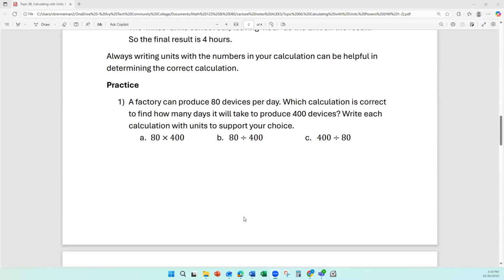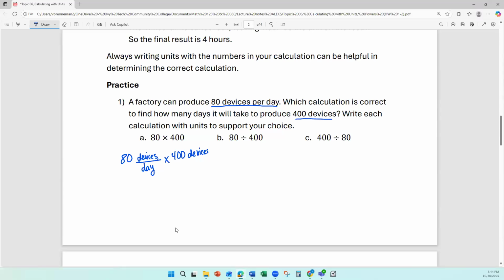And if you're not able to figure out easily which of those to do, it can help to put the units. So look at where the 80 came from, 80 devices per day. That would be written as 80 devices per day, with per becoming the fraction. And if I multiply that by 400 devices, by writing the units, this tells me this calculation is no good because I don't want to have devices times devices.